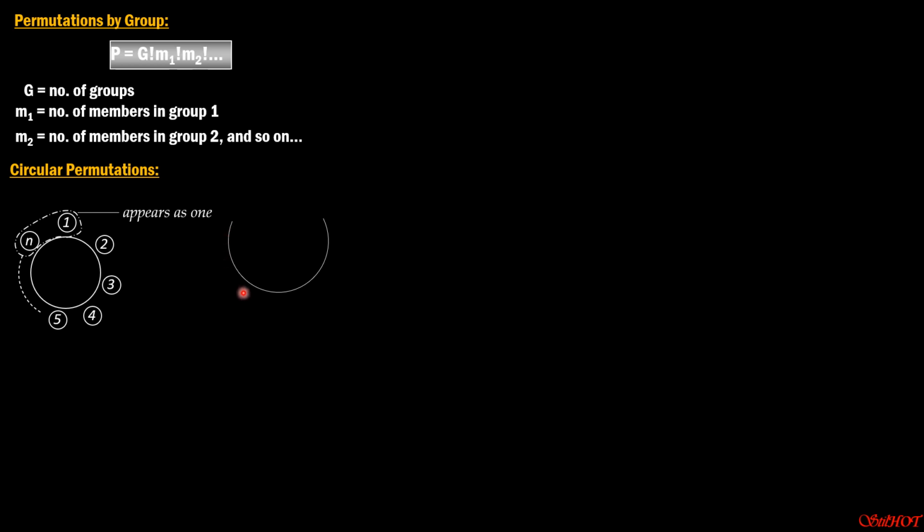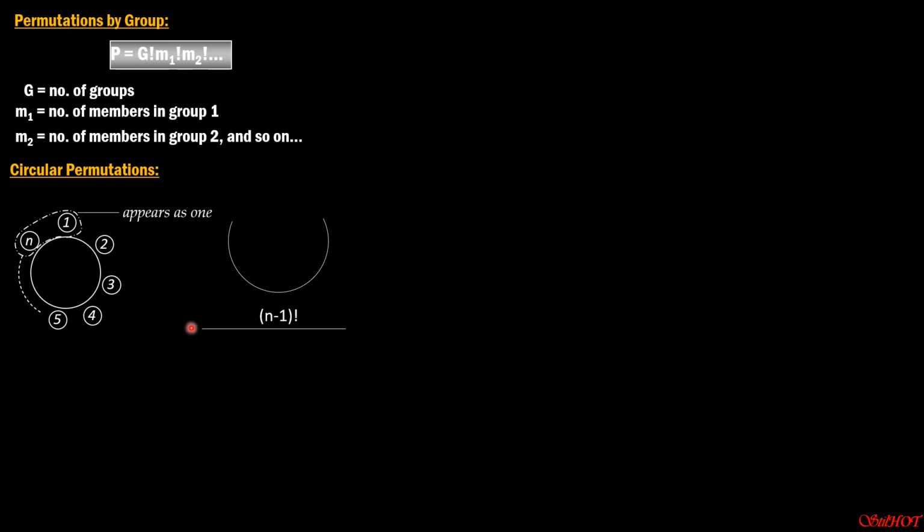So the n minus 1 objects are arranged in this manner. It's not n anymore. It's not a perfect circle anymore. Therefore, the number of circular permutations of n distinct objects arranged around a circle would be n minus 1 factorial, because the first and the last are adjacent to each other.